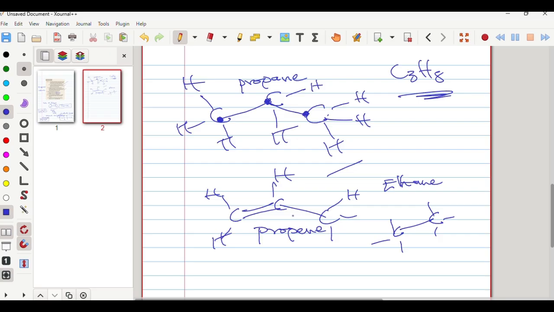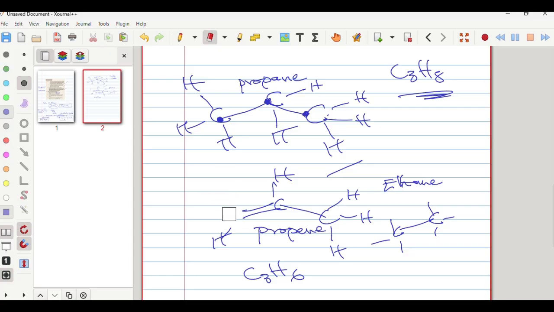It's supposed to be H6. 1, 2, 3. Yeah, it's correct. So this is C3H6. So that's the skeletal formula. They remove carbon and hydrogen and the bond between them. So that's what they did. Does it make sense?